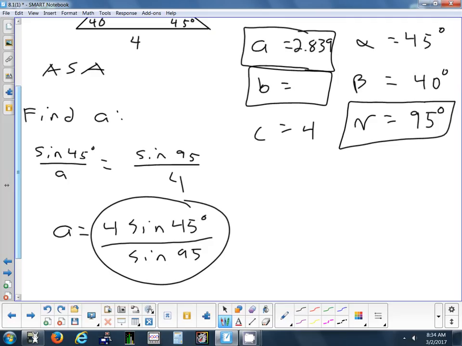All right. So now I've got A, I've got C. Could I use the Pythagorean theorem to get B? A couple people I saw said yes. Why shouldn't you?